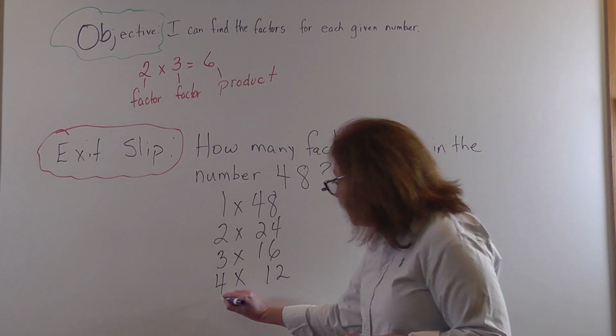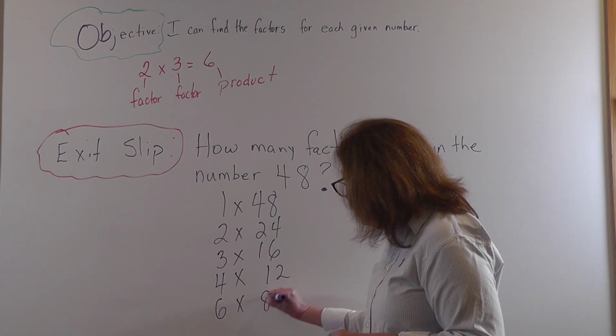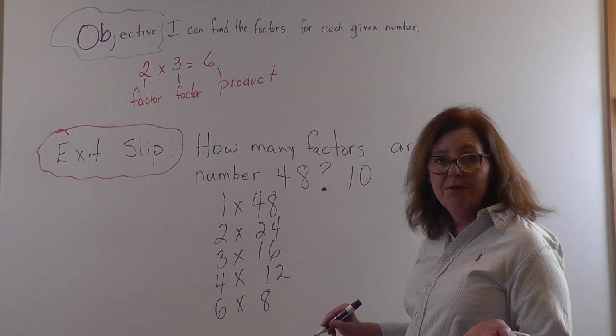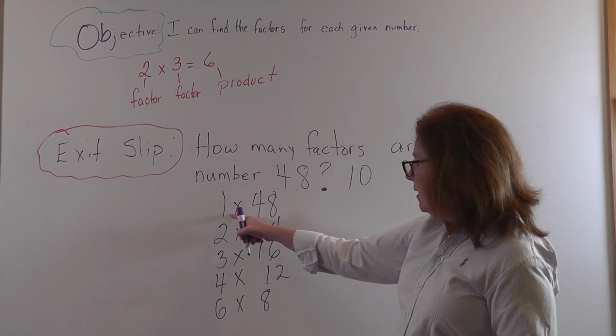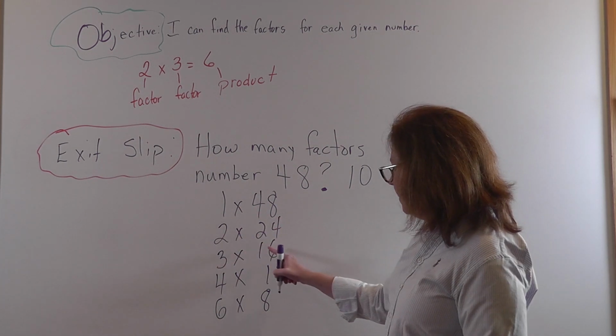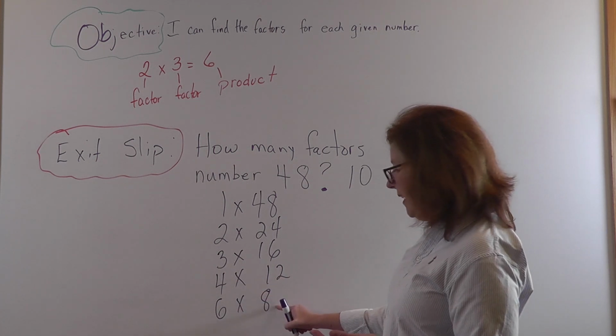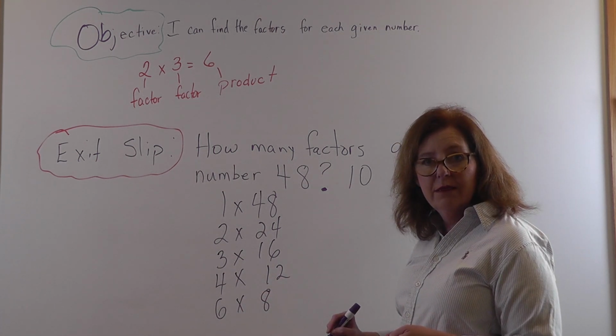And 6 times 8 is 48. Those are all the factors. 1, 2, 3, 4, 5, 6, 7, 8, 9, 10. 10 factors of 48.